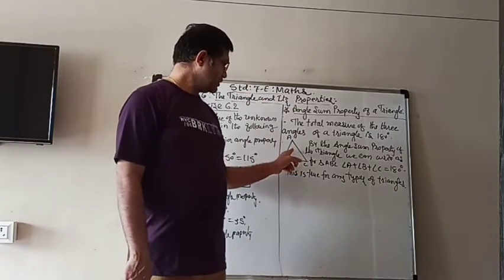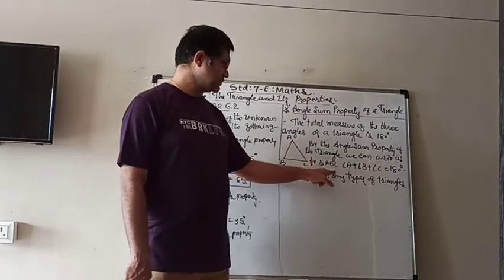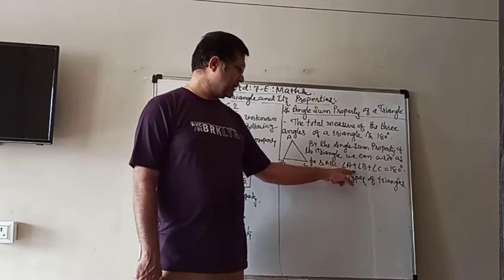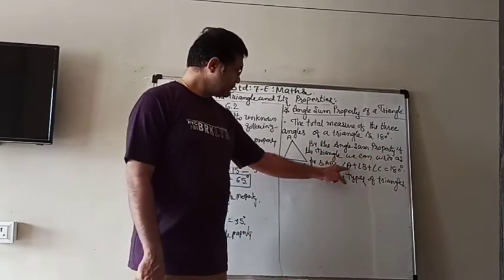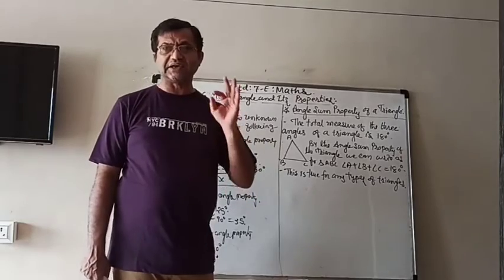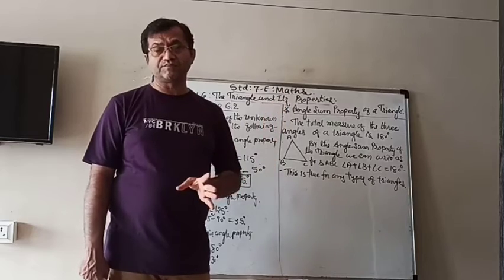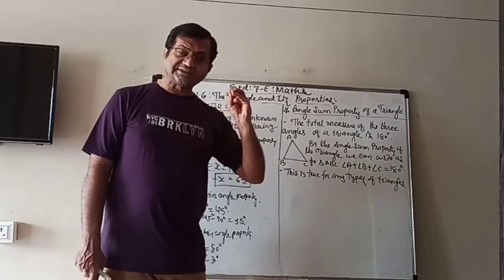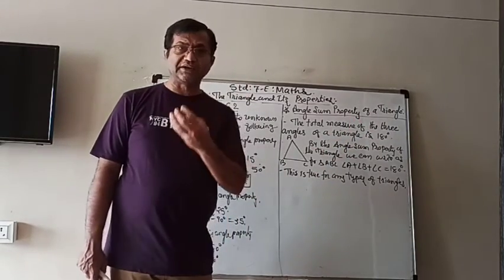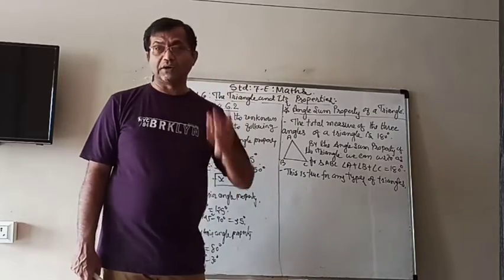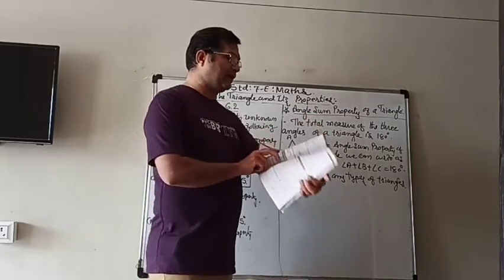It means that if a triangle ABC is given, then for triangle ABC we can write angle A plus angle B plus angle C is equal to 180 degree. And as I told you, it is true for any type of triangle, small or big. Let us understand an example based on it.